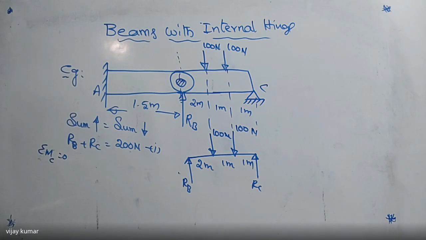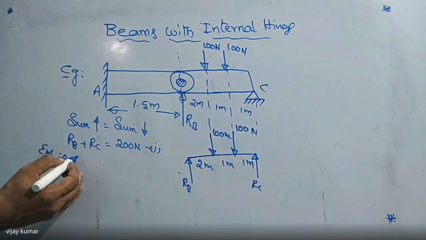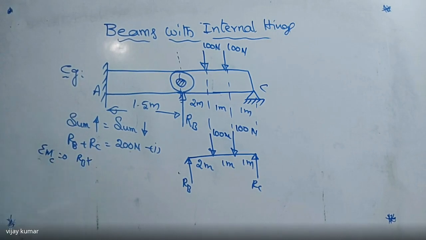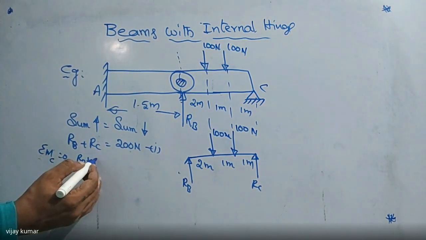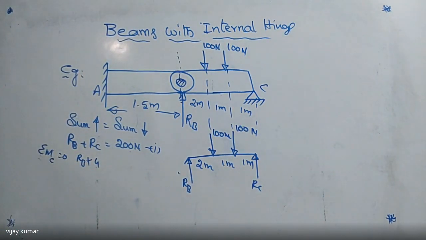Then I am writing here RB into total distance, which is 4, moving in a clockwise direction, that is negative. So otherwise we can take it like this also, as you wish, no problem.